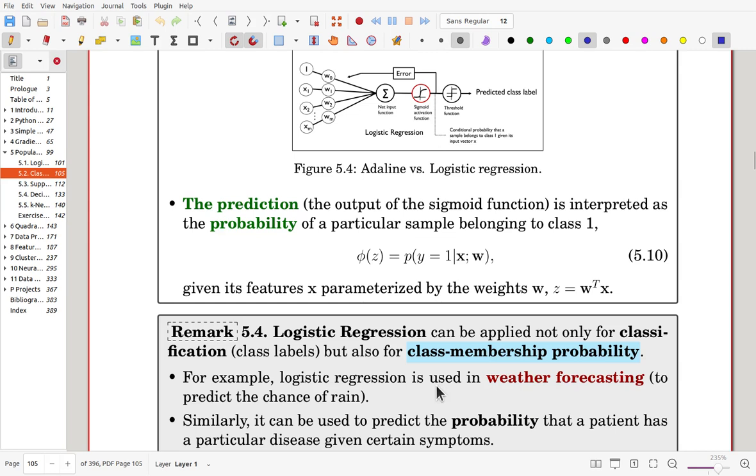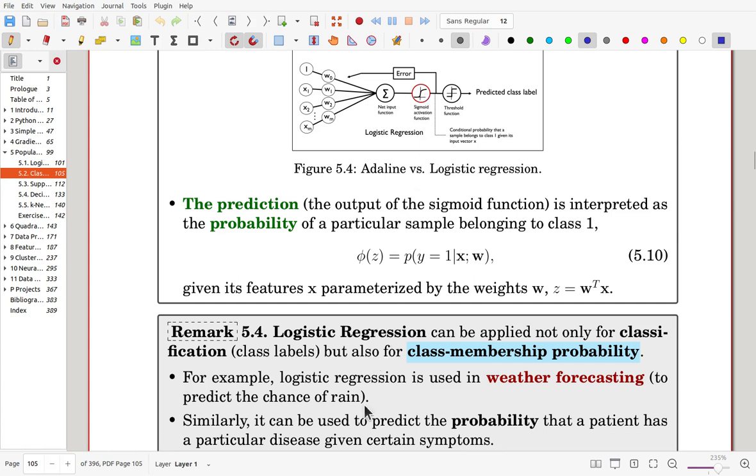Logistic regression can be applied not only for classification but also for class membership probability. In prediction, we may apply thresholding to get 0 or 1. That's for classification. However, without thresholding, we can use the output of the activation to show the probability of a certain event.